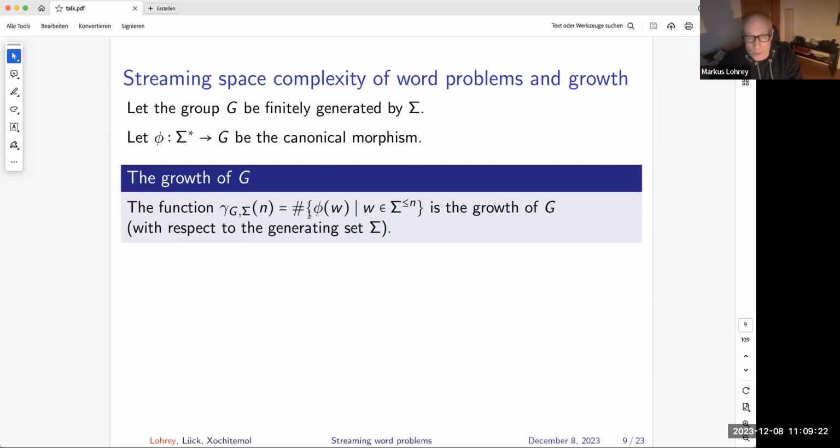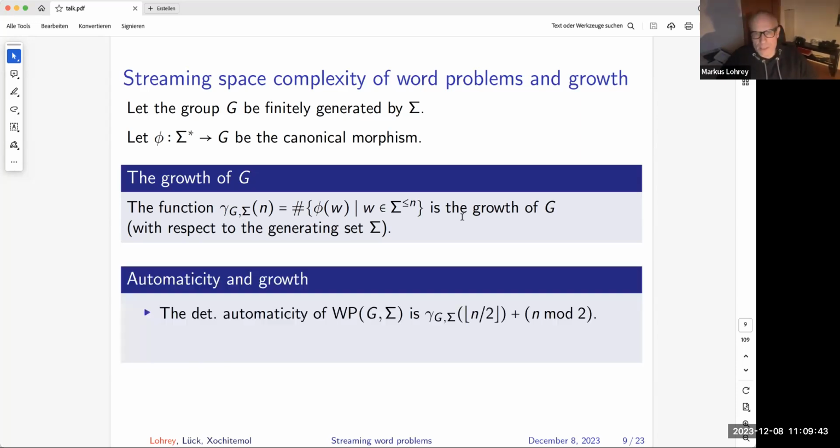Well, it's simply the number of group elements that can be represented by words up to length n. This is the growth function that I consider. Well, a very well-known concept. Of course, it depends on the generating set, not in a very strong way, but yeah.